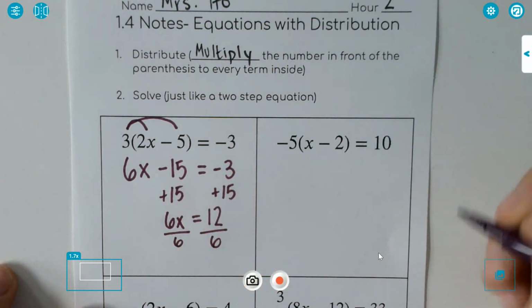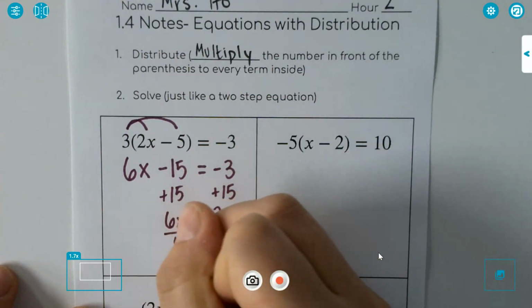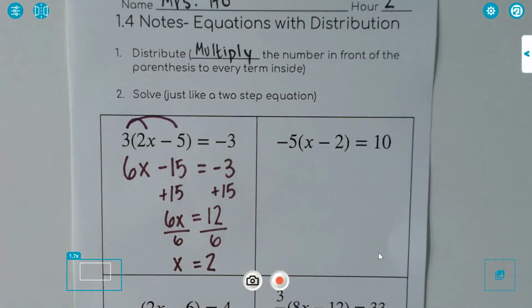And I get x equals 2. Okay. Any questions about that guy? Okay. We're going to move on then.